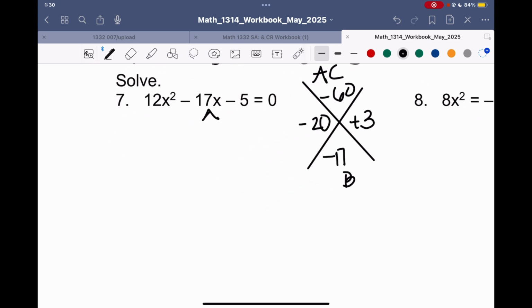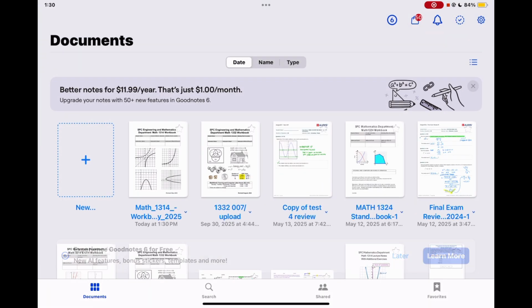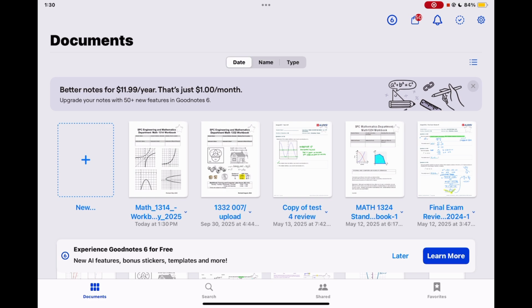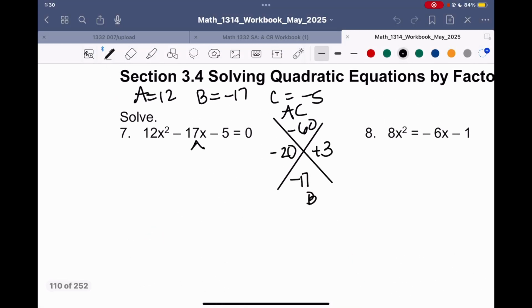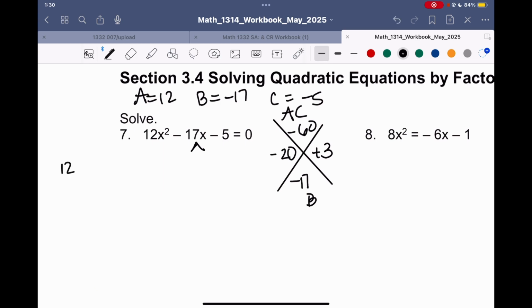So I have 12x squared minus 20x plus 3x minus 5 equals 0.